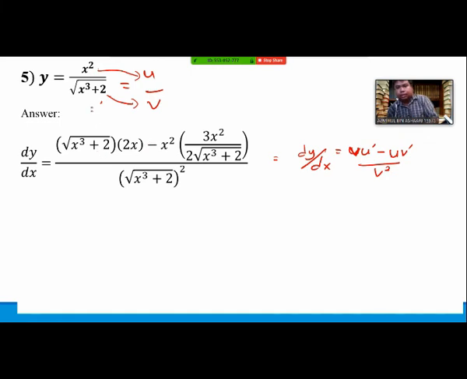So this is v. I copy again. This is v. And this one is x. This one is u. So this one, when you differentiate this one, it becomes 2x, which is u prime. And this is v prime. And of course, this is v, just put the power of 2. Okay?